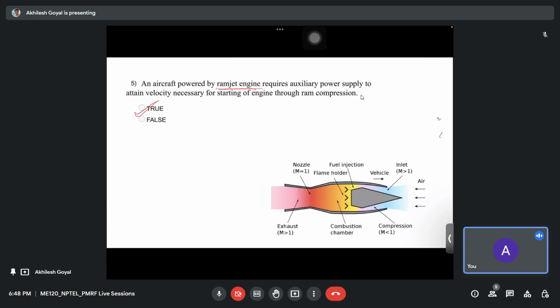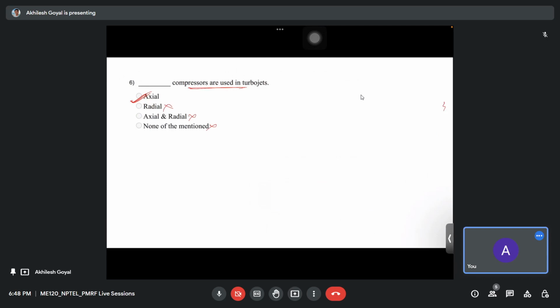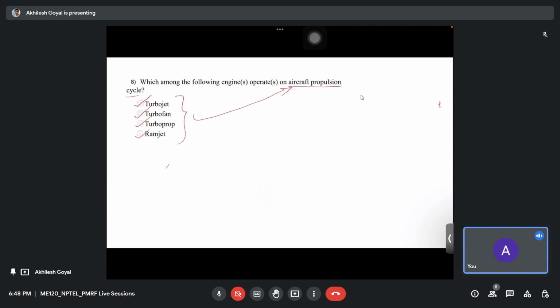So now let's move to our ninth question. In jet engines, for the efficient production of large power, fuel is burnt in an atmosphere of.